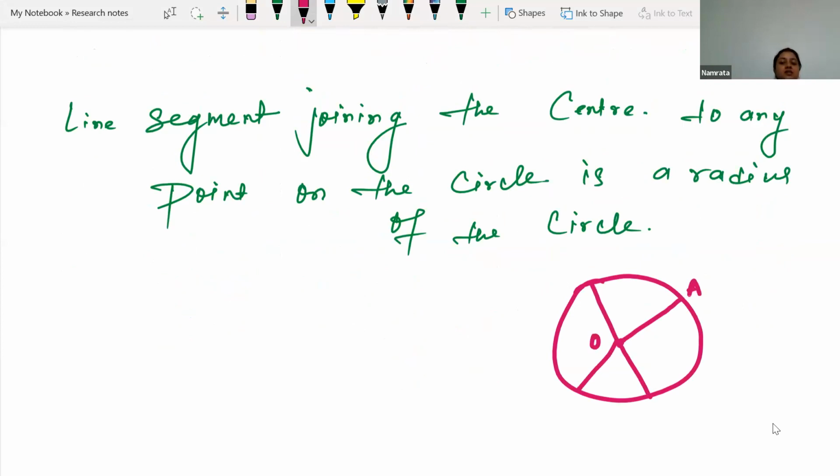OA is a radius, OB is a radius, OC is a radius, OP is a radius. This phrase is very important: on the circle. If we take any point on the circle only and join it with the center, then and only then we will get the radius. So yes, it's true.